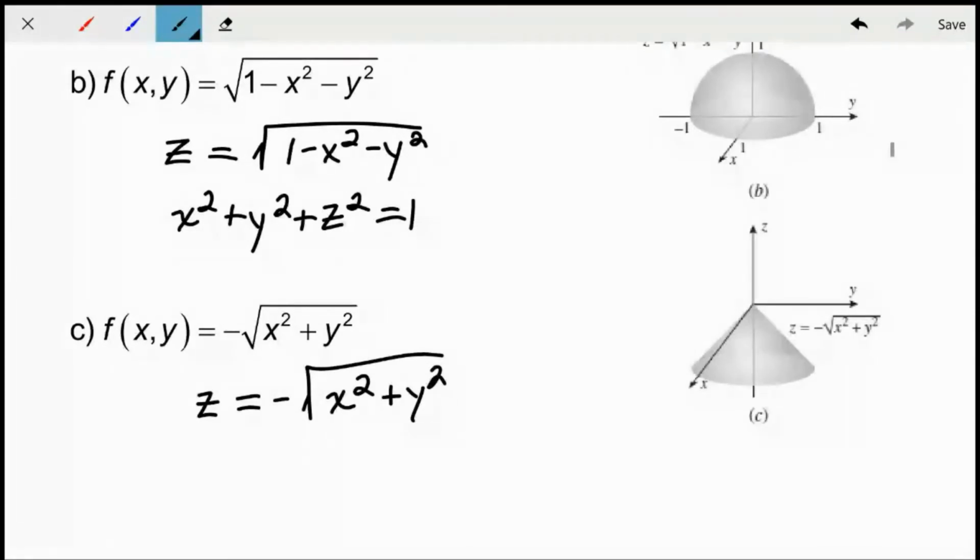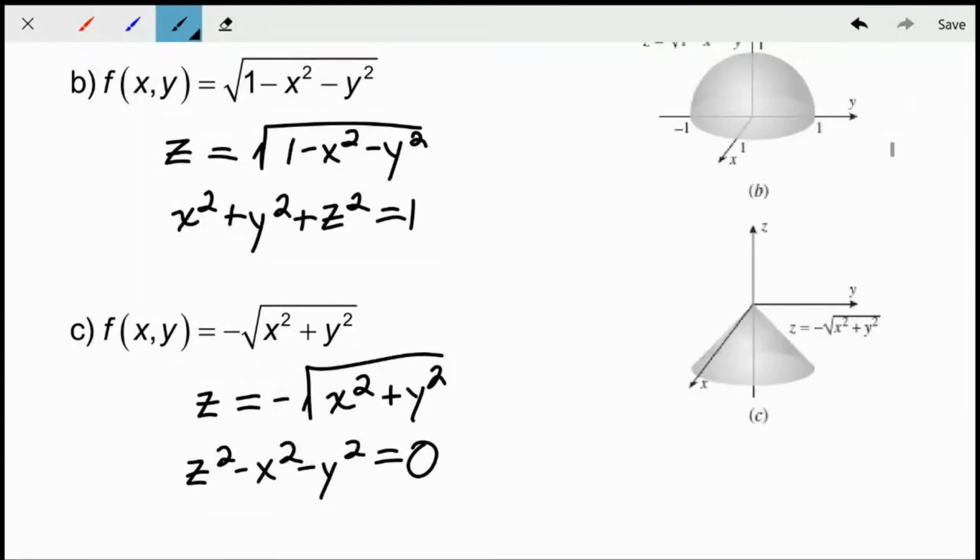So I can square both sides again, and in the end here I'd have z squared minus x squared minus y squared is equal to 0, and you can see we've got a cone here. So if I were to describe this, I would say we have a cone with its vertex at the origin opening down. You could get more specific than that and talk about the slopes.